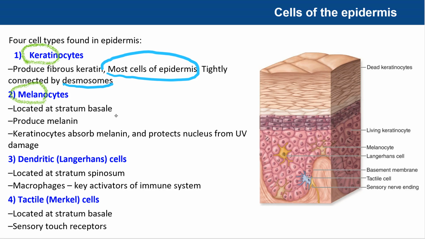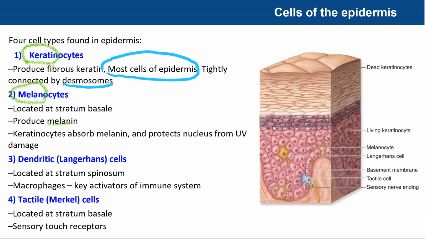They are responsible for producing melanin. Melanin is the natural skin pigment, but the melanocyte is not going to store the melanin inside of it. It's going to be absorbed by keratinocytes.